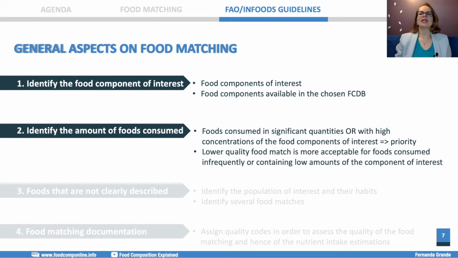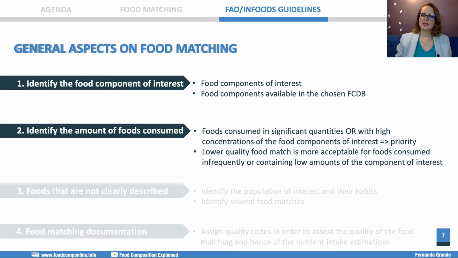Second, we need to identify the amount of foods consumed. This will help us to decide on the priority foods for matching, and this is necessary because food matching is a very time-consuming activity, and sometimes the efforts need to be directed to the most relevant foods.